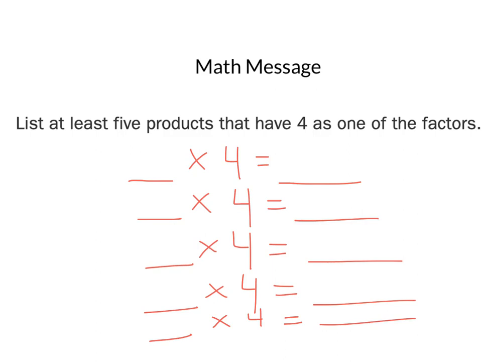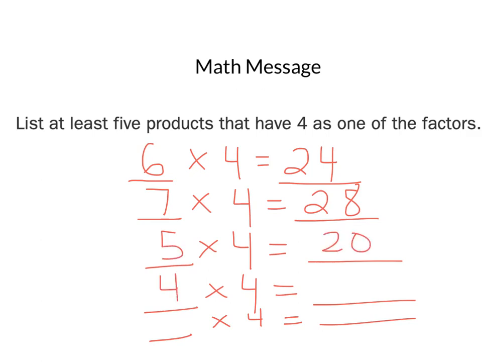So I'm thinking that I could think about what 6 times 4 is, and I could say 6 times 4 is 24. Another one that you can think of is, well, I know 7 times 4 is 28. Let's see, 5 times 4, 20. How about 4 times 4? I think we practiced that recently. 16. And then I could do 40. Do you know what times 4 is 40? 10, correct.